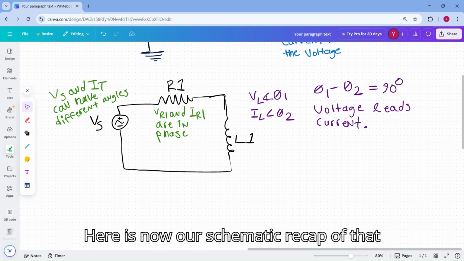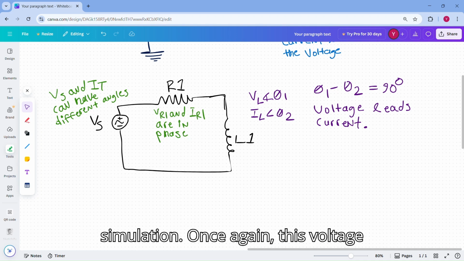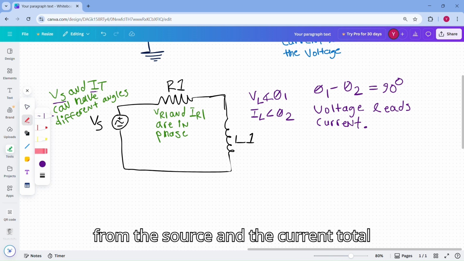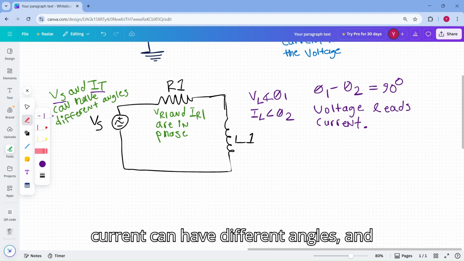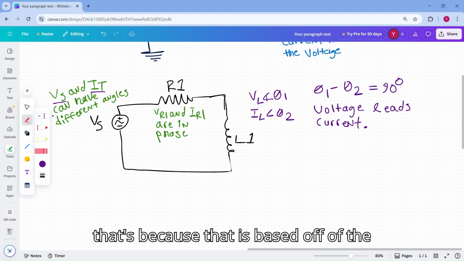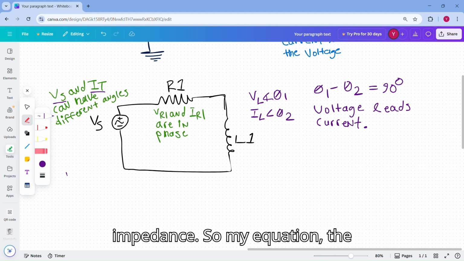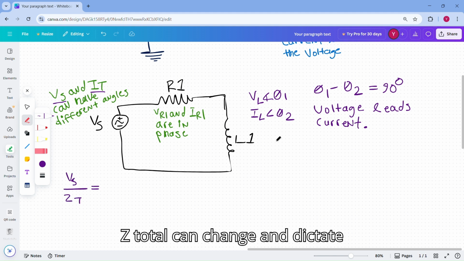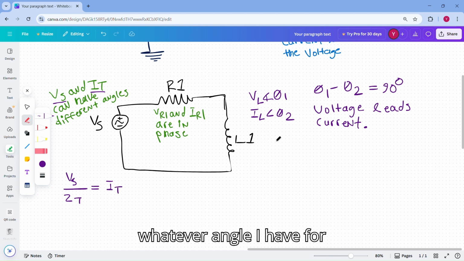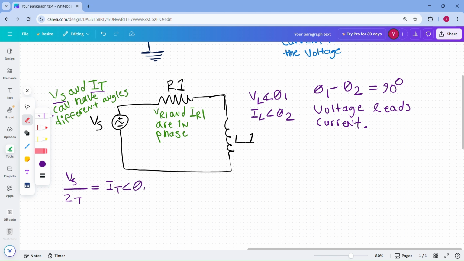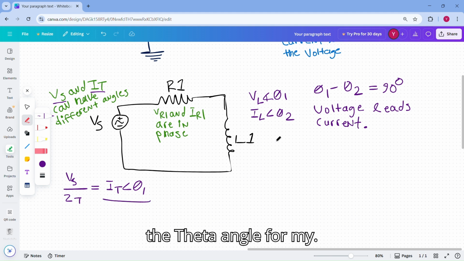Here is now our schematic recap of that simulation. Once again, this voltage from the source and the current, total current, can have different angles, and that's because that is based off of the impedance. So my equation, this Z total, can change and dictate whatever angle I have for the theta angle for my current.